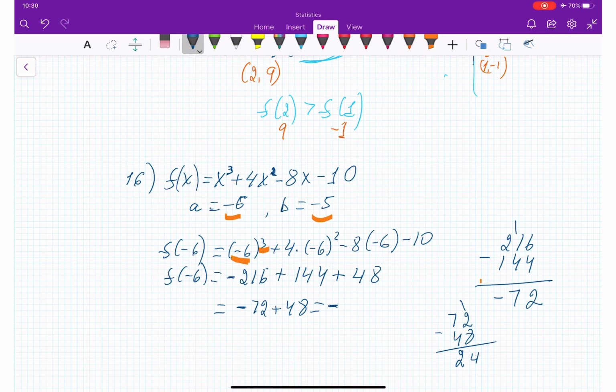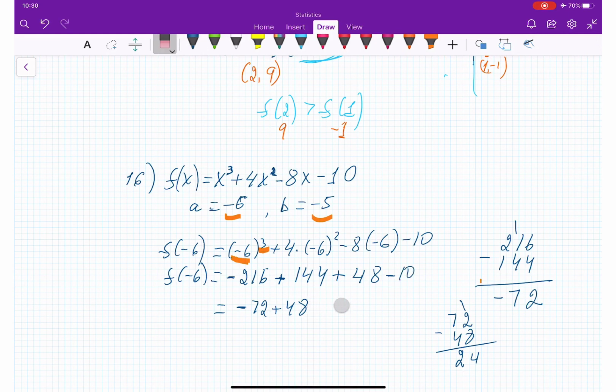Next, 4 times negative 6 squared, which is 36, is 144. Negative 6 squared is positive, so I was right, plus 144. And then I left out the negative 10. I didn't count negative 10. There we go. Found it.